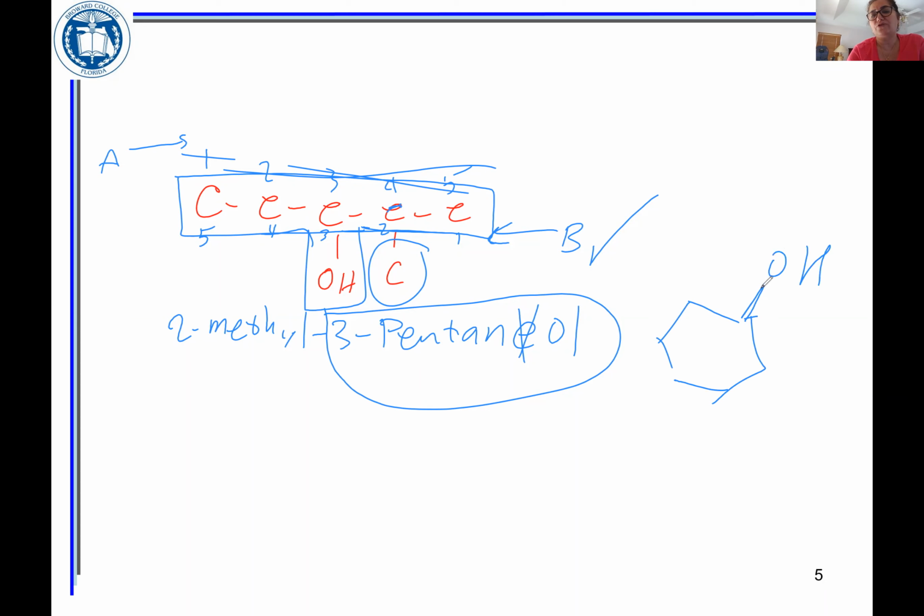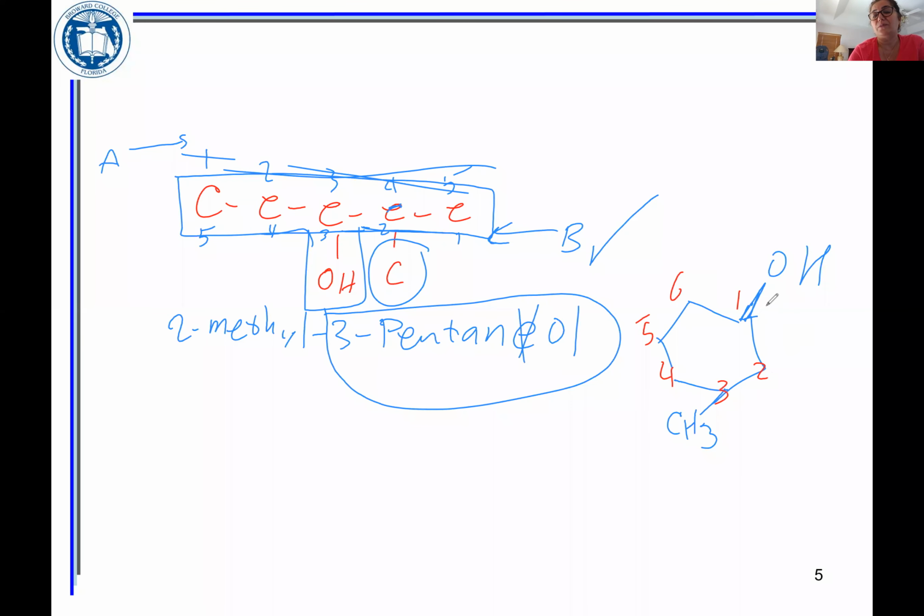So if you have an OH group on a 6-member ring and you have, let's say, a methyl group here, you would start from carbon 1 at the OH, because it's the high priority functional group and would take carbon 1. So you have 1, 2, 3, 4, 5, 6.